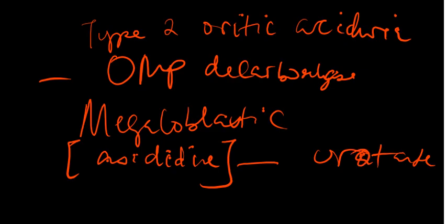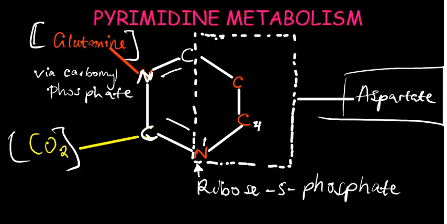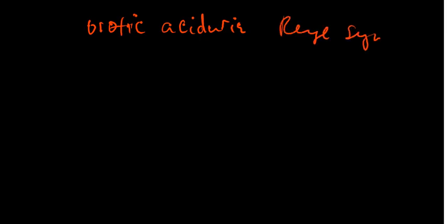So this is what happens. Then the next type of disorder we'll talk about is orotic aciduria again. Okay, so we have orotic aciduria type 1, orotic aciduria type 2, and what we just call orotic aciduria. So orotic aciduria, however, is the one that accompanies the Reye syndrome, is the one that we're going to talk about.